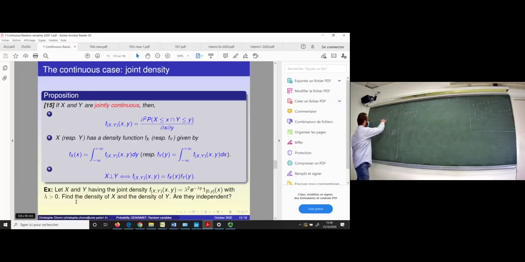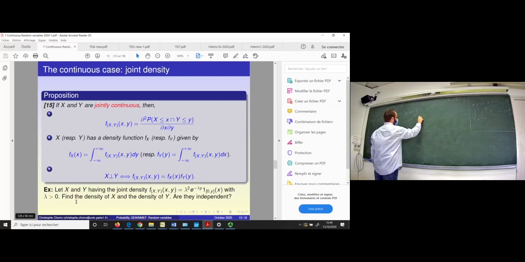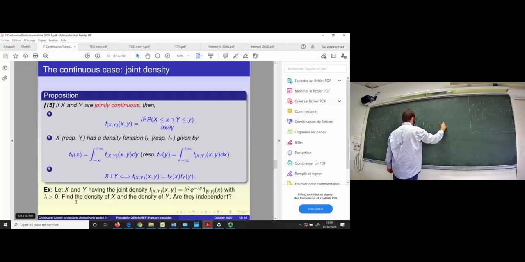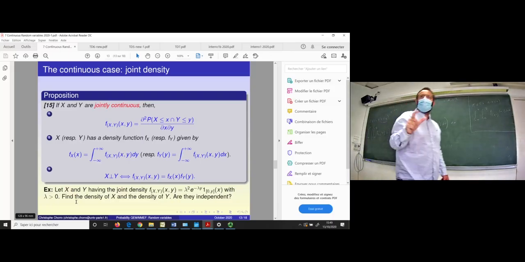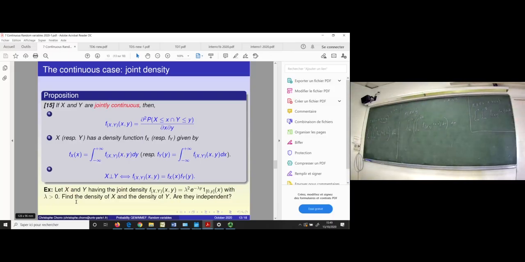So this event becomes the universe, so I can drop it from my intersection, and I obtain this. So if I have the right to do this, and I will explain to you just after why in fact I have the right to, it's finished.